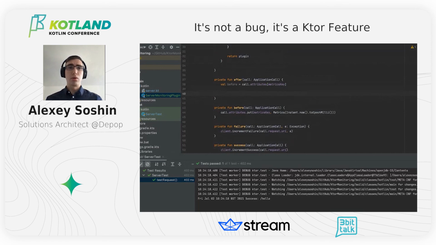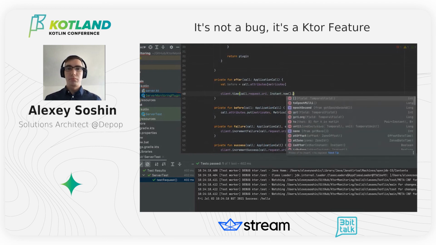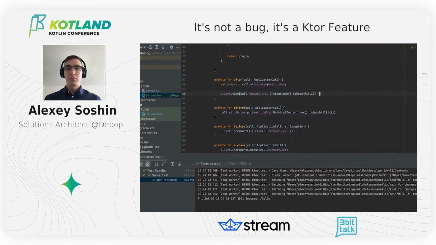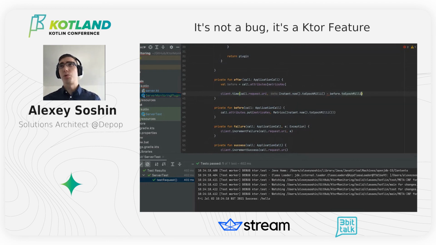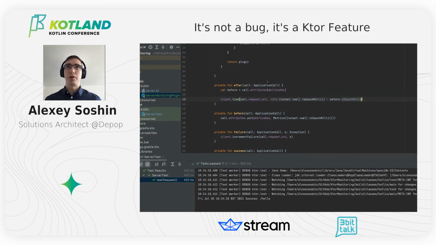Now let's log it using our client. And you see that auto-completion works fine because it already knows what type of object we received.